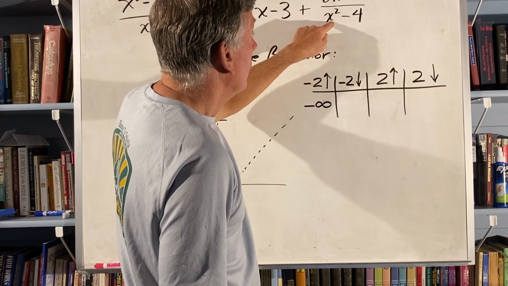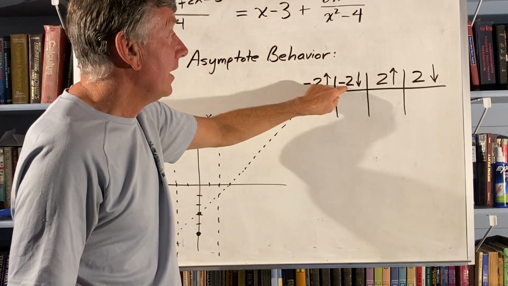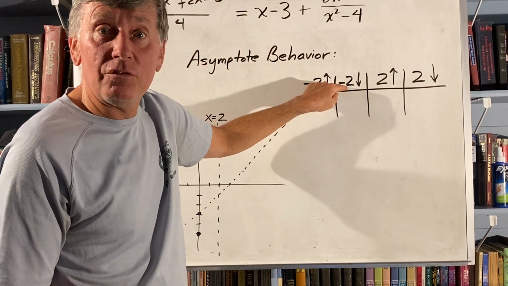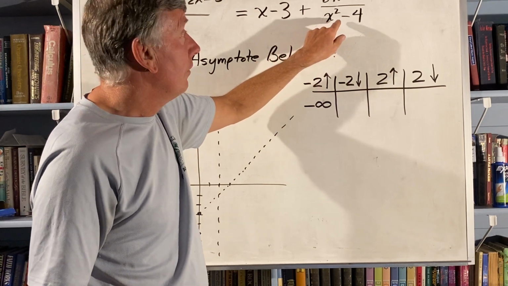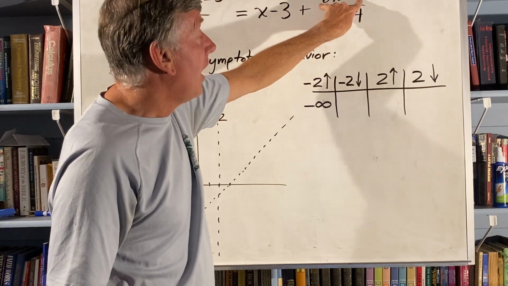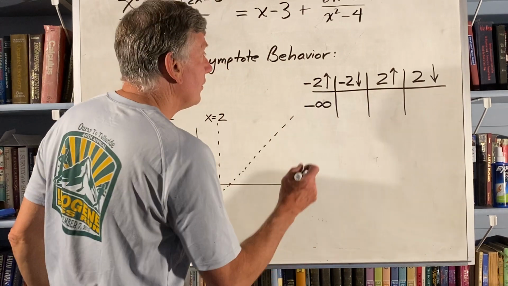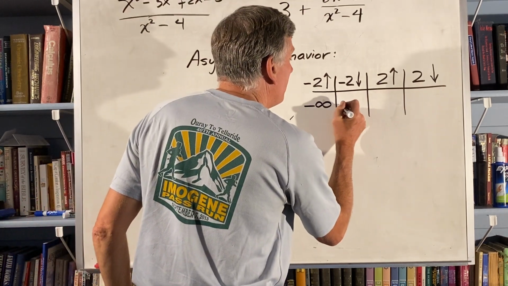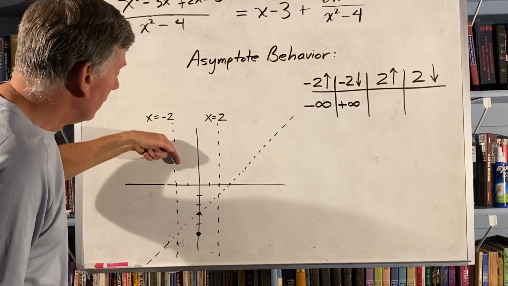The number smaller than -2 from above is like -1.9. Square it, I'm going to get a little less than 4. So that number minus 4 is going to be negative. This top is negative. A negative divided by a negative is positive, so I'm coming from positive infinity as I come here.